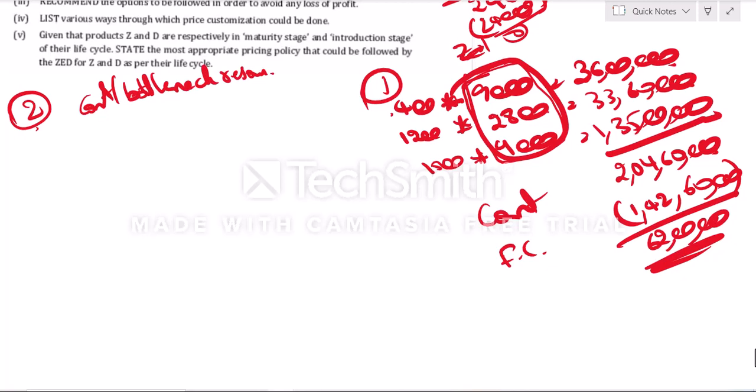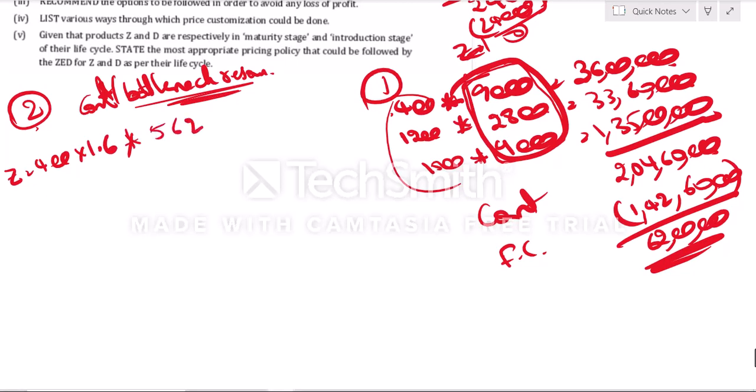Okay, to multiply with contribution per bottleneck resource, we need to have a bottleneck resource. So how much of that bottleneck resource are these using? This Z of 400 units is using 1.6 hours of bottleneck resource, multiplied by the contribution per bottleneck resource, which is 5625.